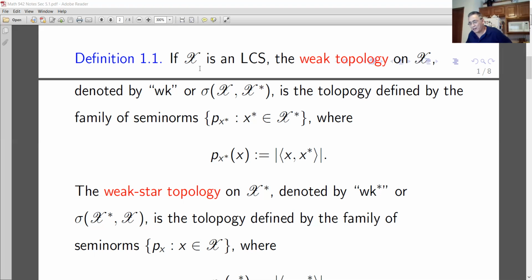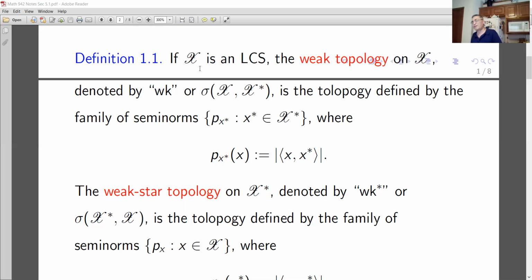So a basic neighborhood of a point x0 is the set of x such that p_j of x minus x0 is less than epsilon_j, j is from 1 to k.